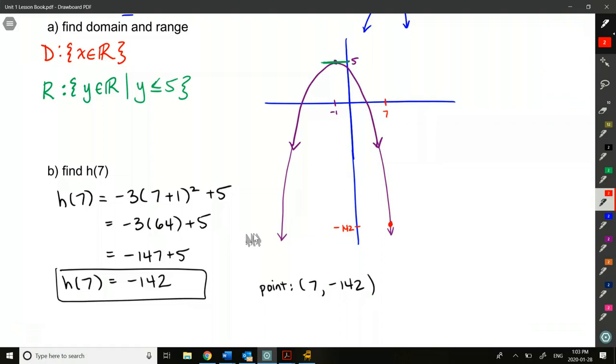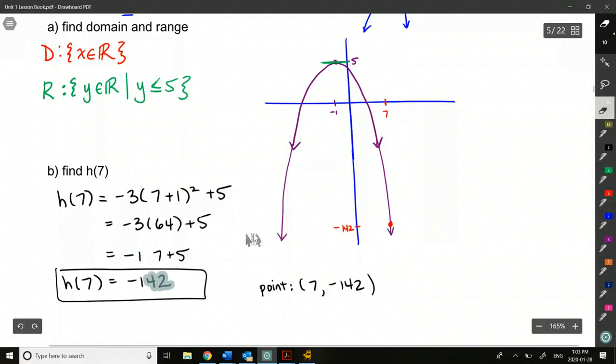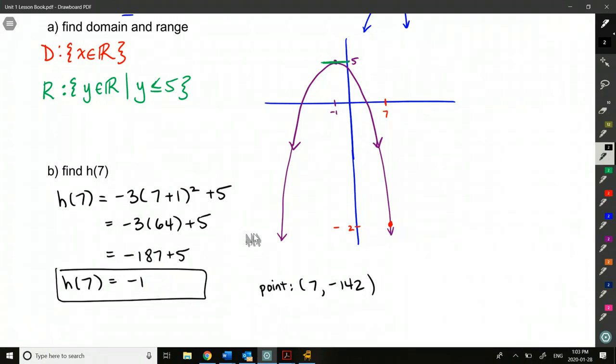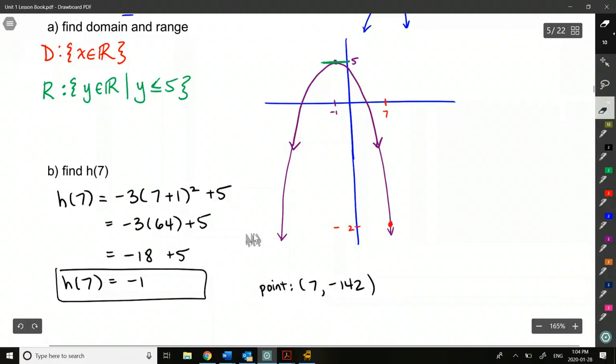It's incorrect. Oh, is it? It's -187, it's not -142. Oh, 187, so 182. Thank you. Right? No, isn't it 97? It's -192 and 5 is -187.